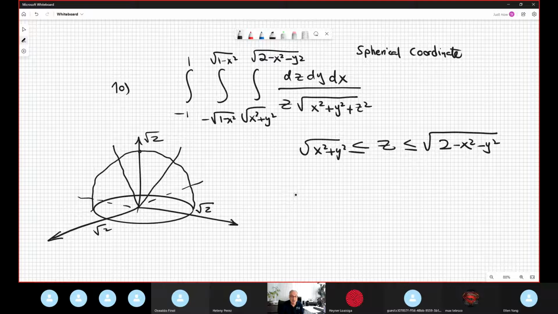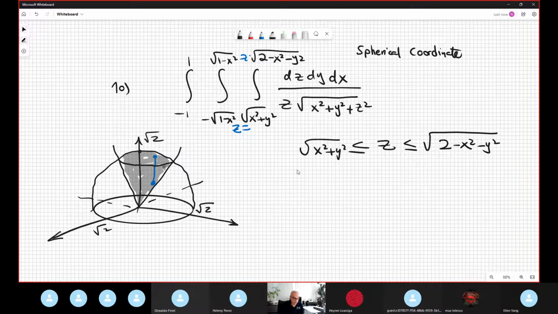And this is apparently our solid, because the student who set out this integral is going from the z value of the cone to the z value of the sphere. Of course, we have here the intersection curve in between these.